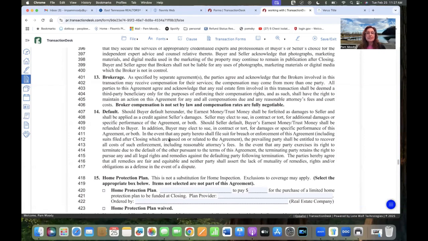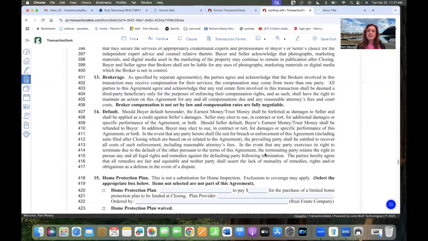In the event that any party hereto shall file suit for breach or enforcement of this agreement, including suits filed after closing which are based on or related to this agreement, the prevailing party shall be entitled to recover all costs of such enforcement, including reasonable attorney fees.